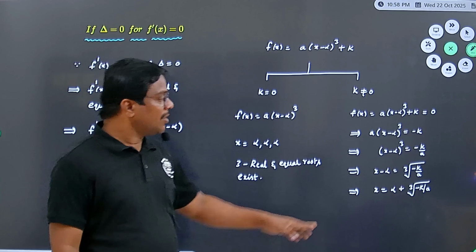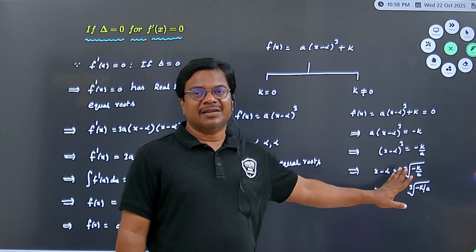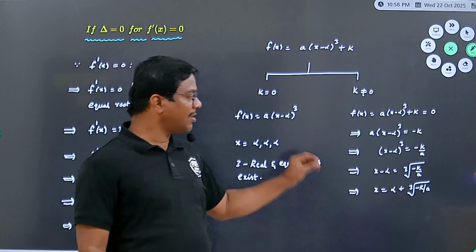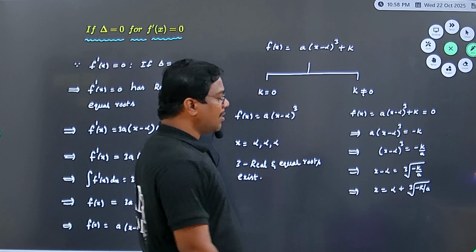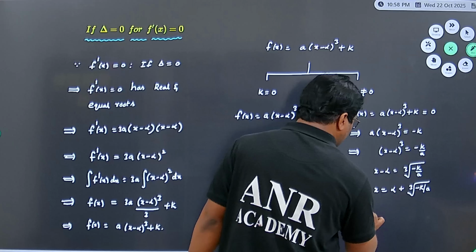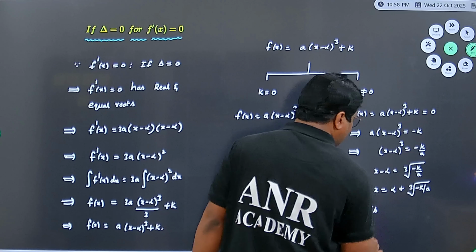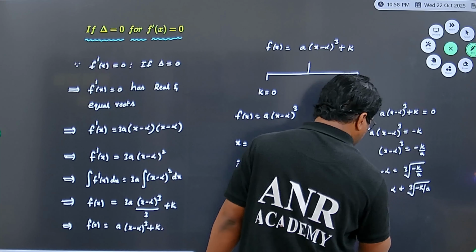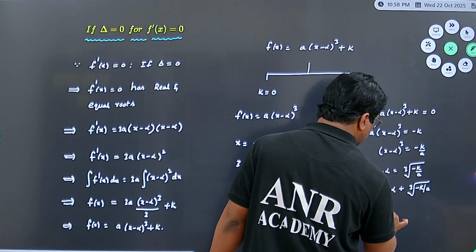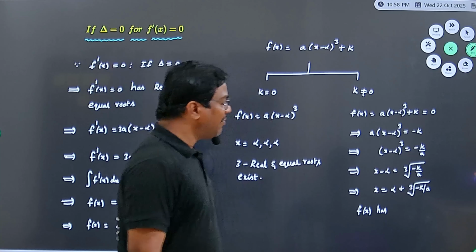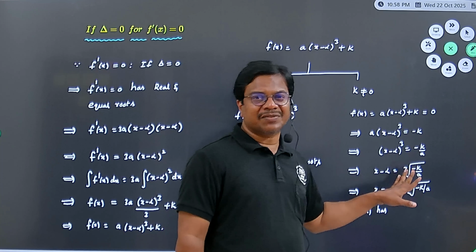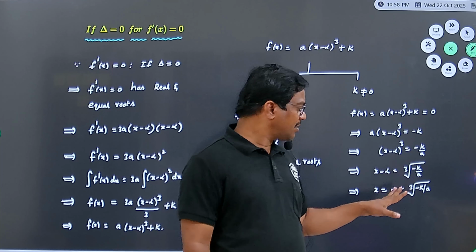Yes, the cube root function is defined for all real values of input, so I can say that x has only one root. Therefore, f of x has x equal to alpha plus cube root of minus k by a. The cube root of x is defined for all real values of x.